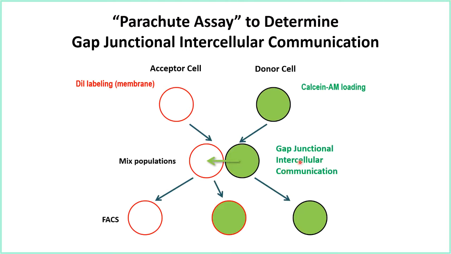If gap junction communication is present, then the green cells will donate green fluorescent dye to the red cells, and the red cells will become green and red. If there is no intercellular communication, we will see only either red or green cells.